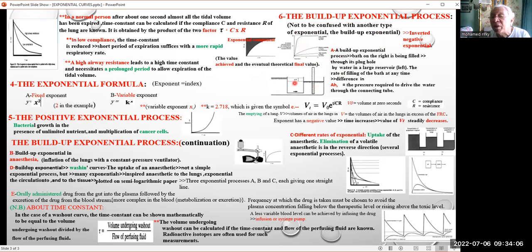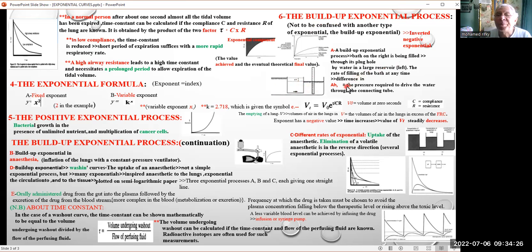There is a head of pressure difference. Of course, through this plug hole, the water will go from this side to the other side by the head of the pressure. So we can find that this is a negative exponential process, and this is a positive exponential process, or a build-up exponential process.